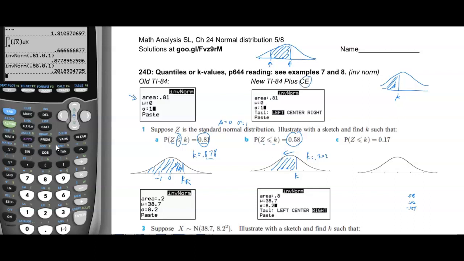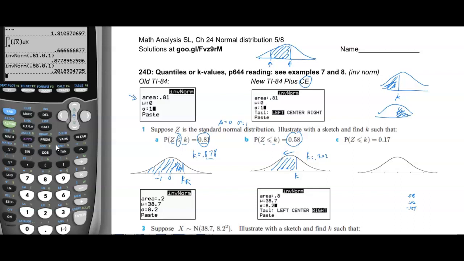Now, how would you do these two problems using inverse norm on the CE? For the CE, it turns out it can do any kind of area, whether that area be to the left or to the right. So whether you're going to do it on the left or the right, you're going to put in the area of the shaded area.